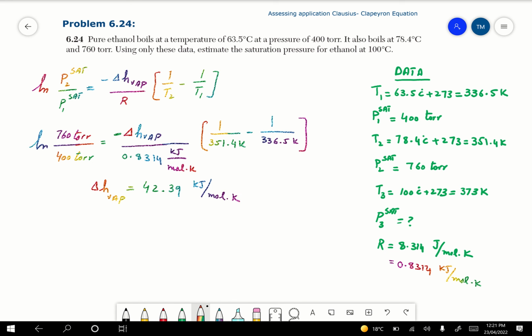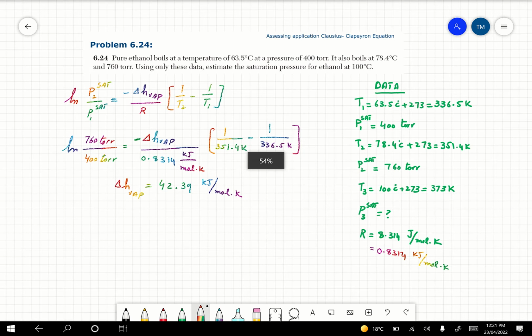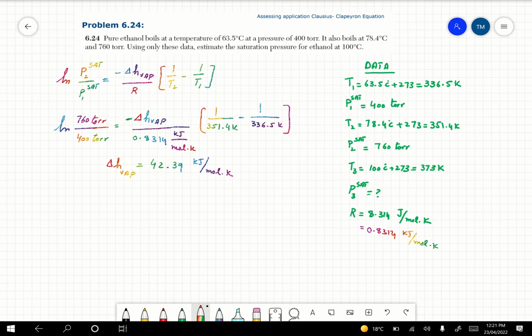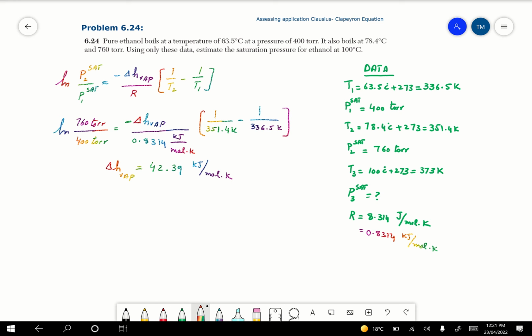So basically this is the heat of vaporization. Please use your calculator, try to solve this equation, and check if you get the same answer. We were not directly interested in delta H of vaporization, and this was not the question, but we need it for the next part, which is P3 sat, the third saturation pressure.